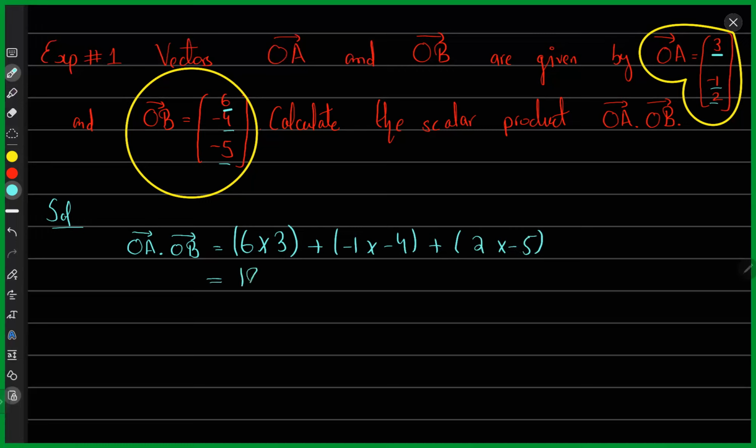So this is going to give you 18 plus 4 minus 10, and this would be 12. So 12 is going to be the dot product of the two vectors.